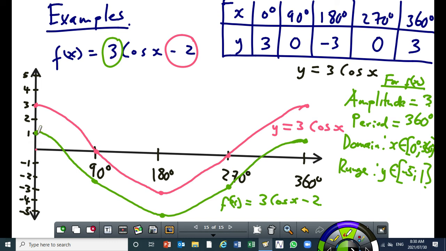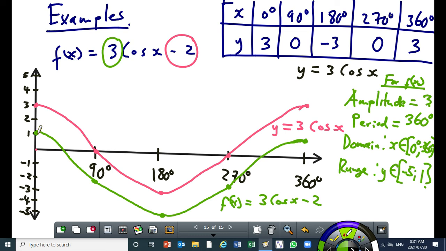Right? Now, let's have more questions about the graph. Remember, we're talking about the graph of f of x. If I were to ask you, for what values of x is f of x greater than 0?